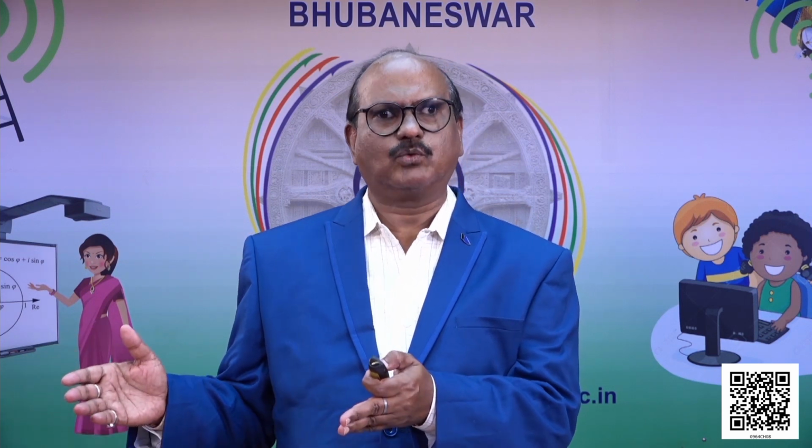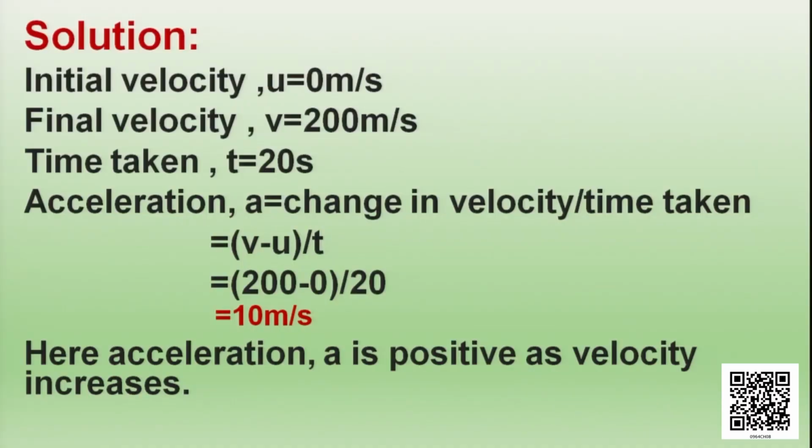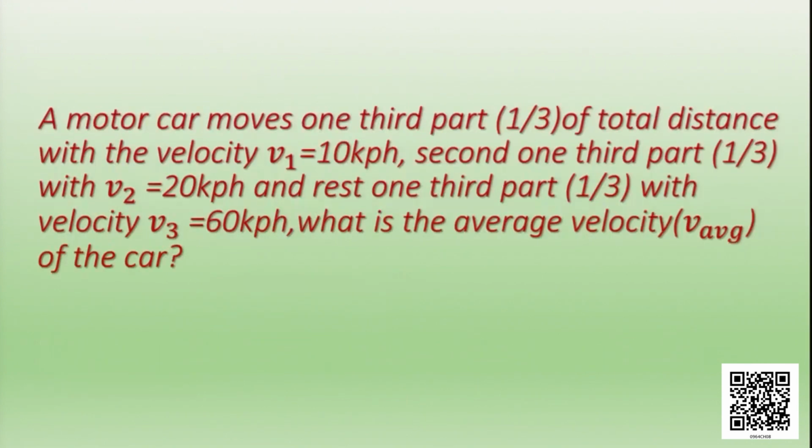Then 200 is the v and u is equal to 0. So (200 minus 0) divided by t equal to 20 seconds equal to 10 meter per second squared. Here acceleration is positive because velocity increases. Since velocity increases, that's why acceleration is positive.